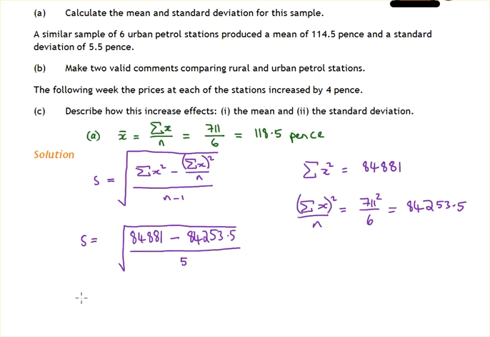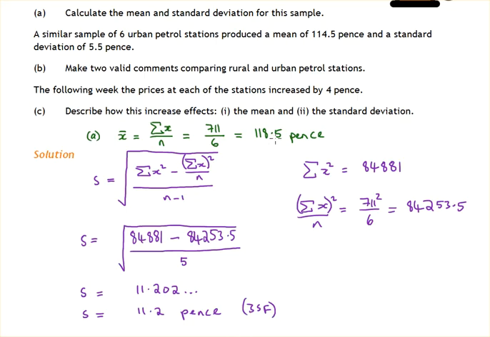And then you can key that into your calculator, just make sure you're careful with it. You'll get 11.202 stuff, which we can round off to 11.2. Remember, standard deviation is measured in the same units as the original data was, so it's 11.2 pence, and that's 3 significant figures I've rounded to.